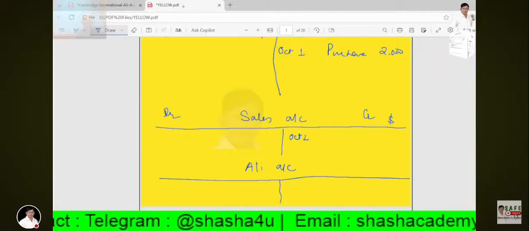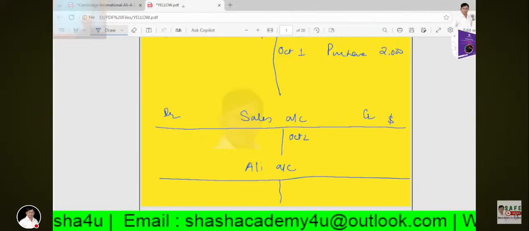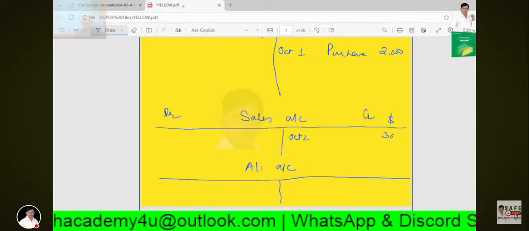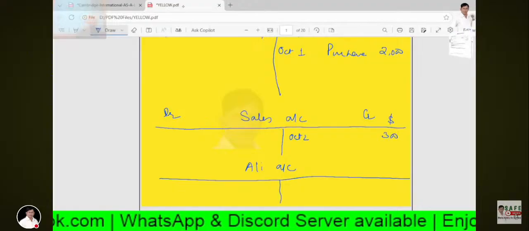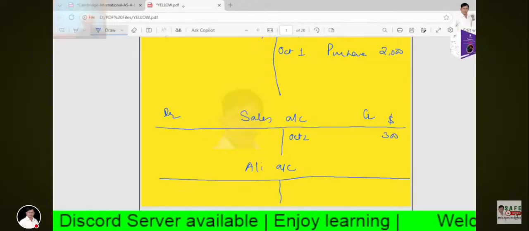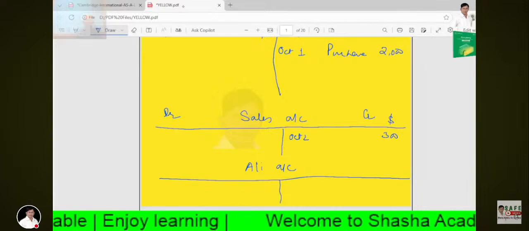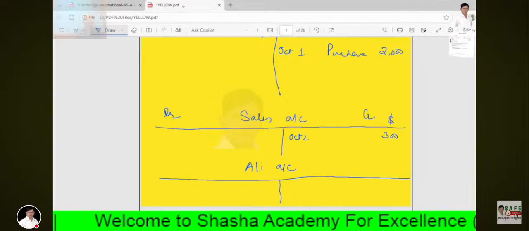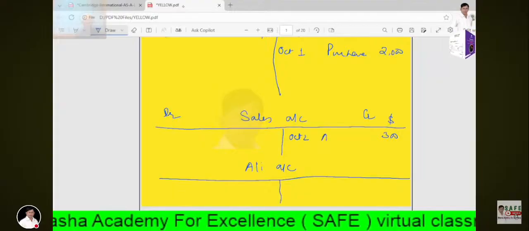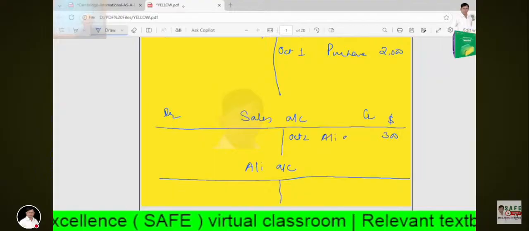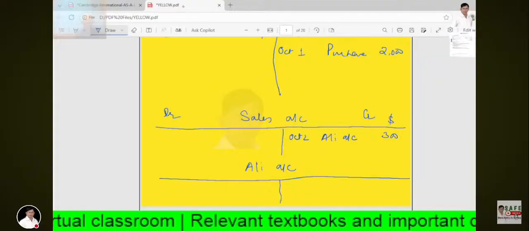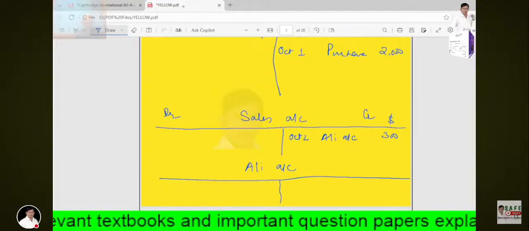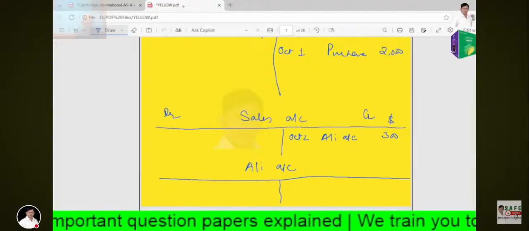See the answer. How much? 300. See, sales is a revenue. Sales is always credited. Credit all incomes and gains. Sales account is credited, with a debit to Ali account. So this is what it means. So now Ali account will be debited. So what date? October 2nd.